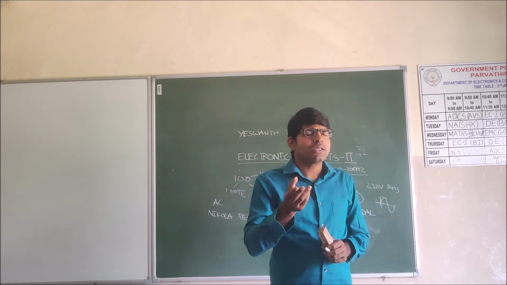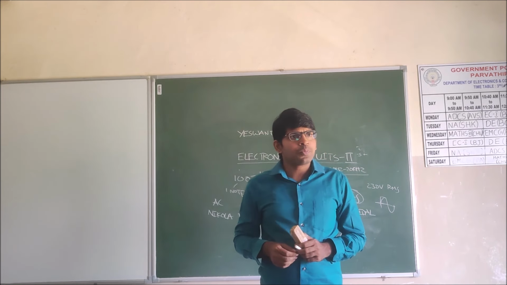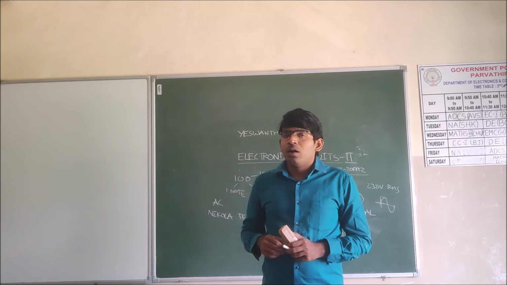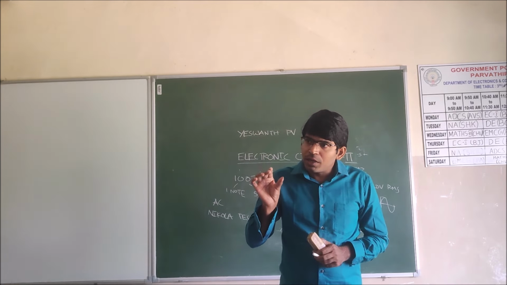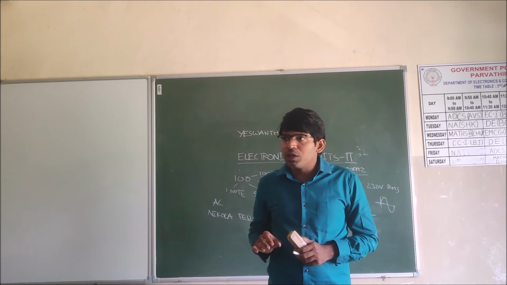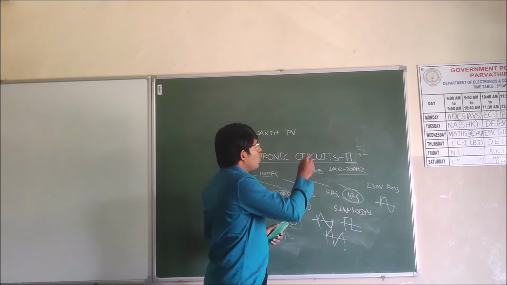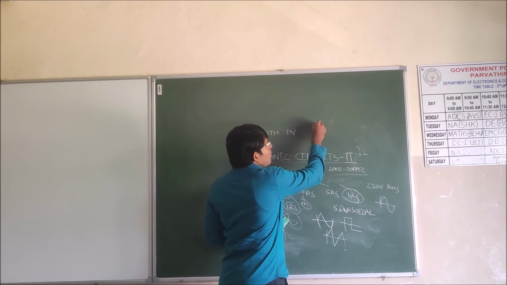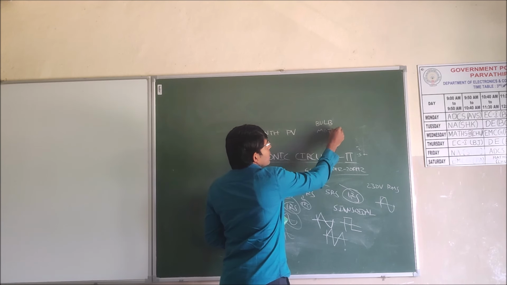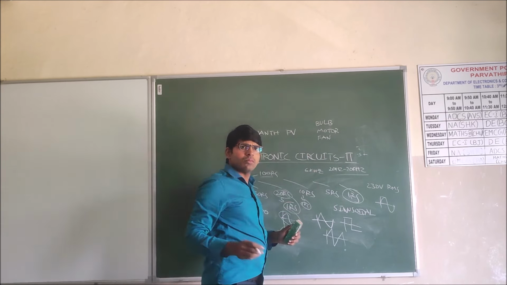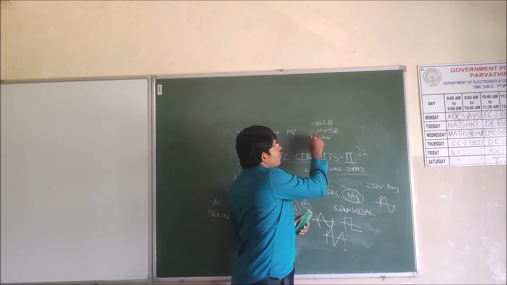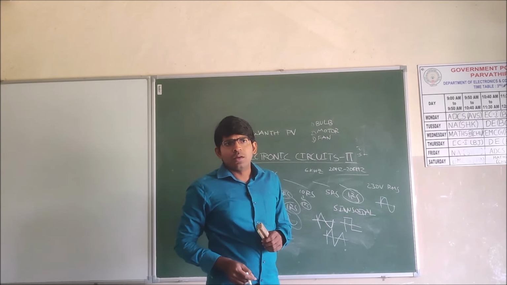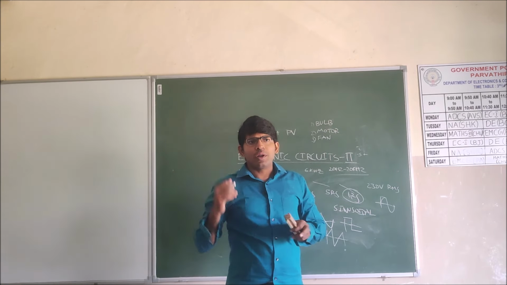Okay, let me answer this question in a simple way. Now you tell me, the motor is working in a home. We are using 3 devices. One is a simple bulb, second one is a motor, and the third one is a fan. The motor we are using for pumping water.